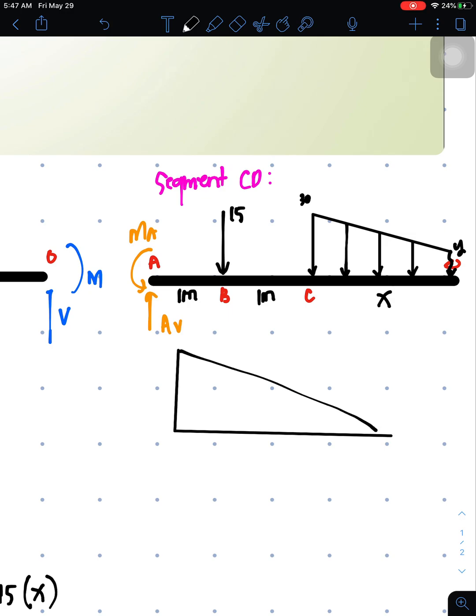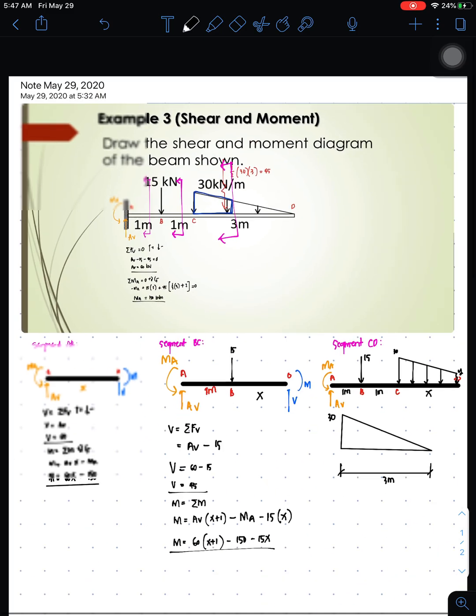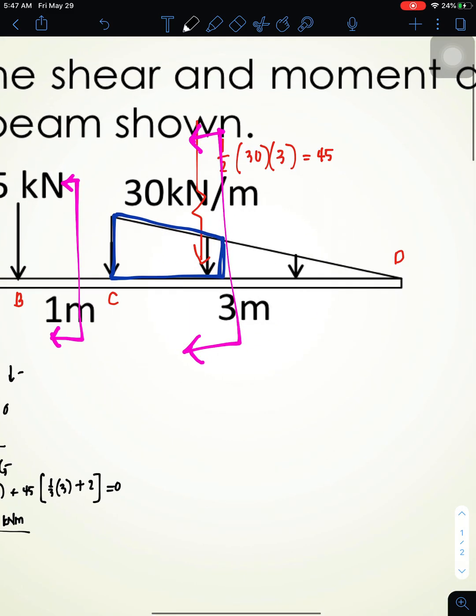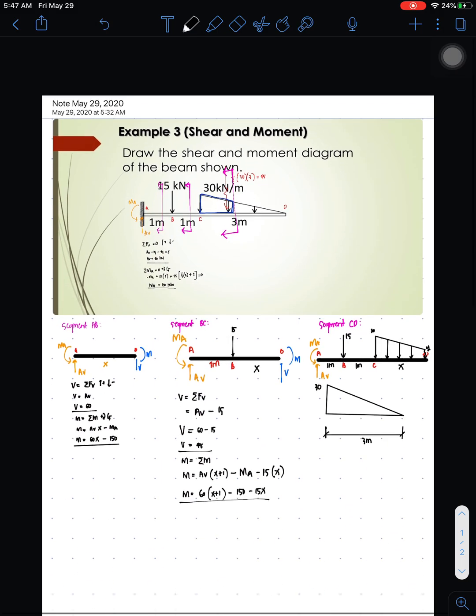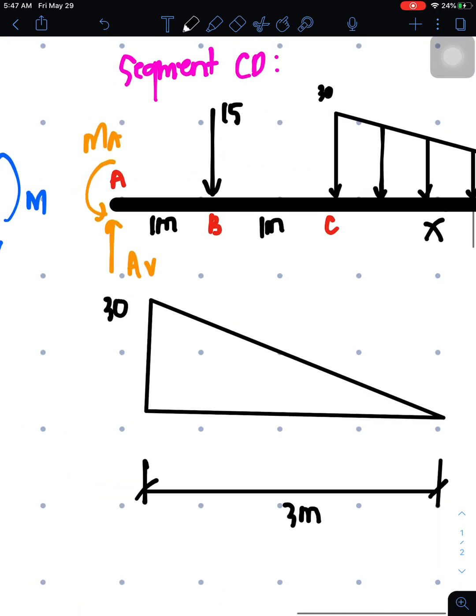Now the whole triangle, so this is the distribution of the whole triangle, and remember that this is 30, and the length here, this is 3 meters. I'm basically copying this portion here.